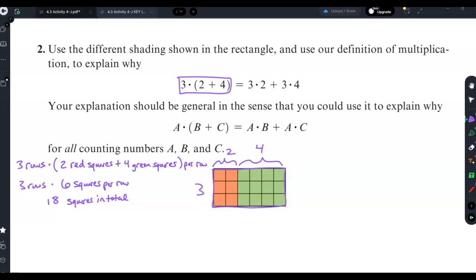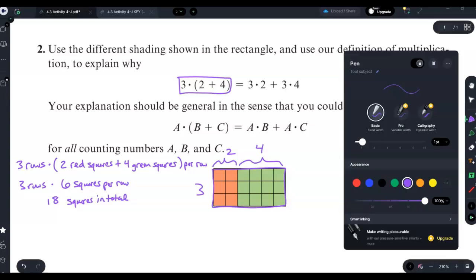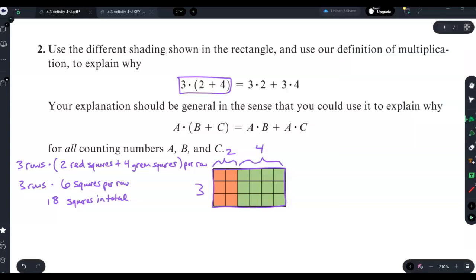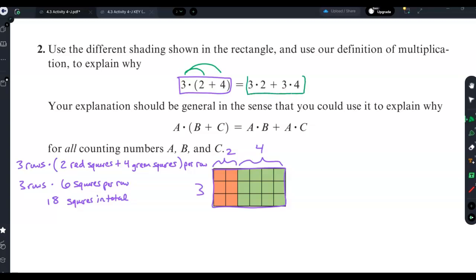So that's one way to think of it, but I could also think of this using the distributive property. If I distribute my 3 inside the parentheses, I'd get 3 times 2 plus 3 times 4. If I do it that way, then I'm going to do the two colors separately.